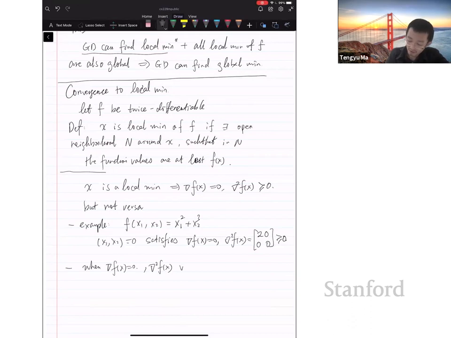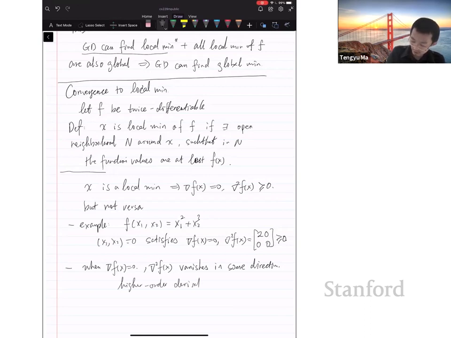Suppose the Hessian vanishes in some direction. That means in that direction you don't have the first order gradient, you don't have the second order gradient. In that direction you're pretty flat, so that makes it tricky, because then the higher order derivatives start to matter.